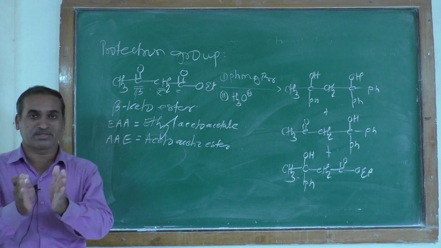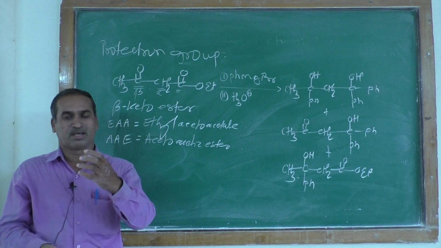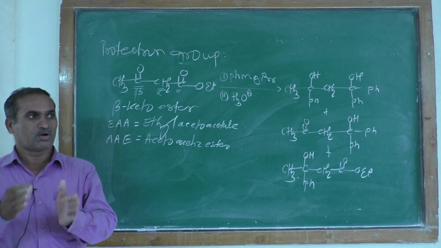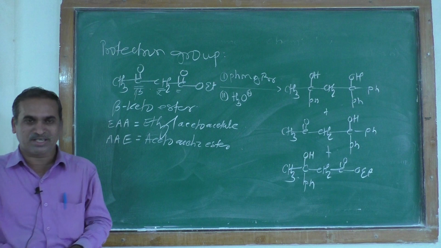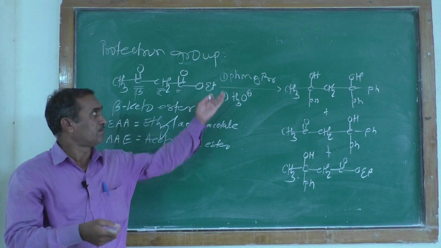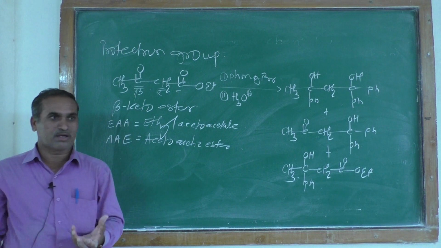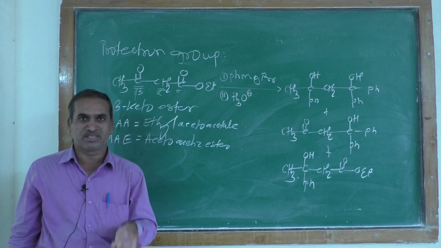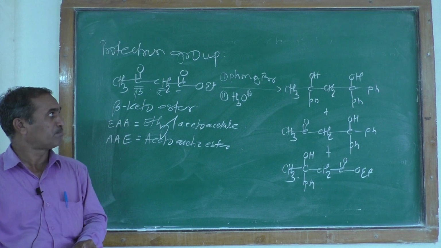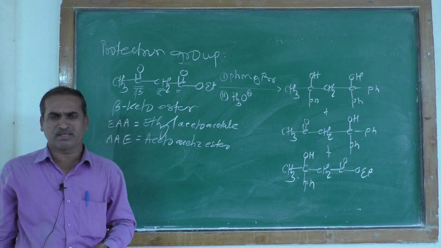How do you prepare the Grignard reagent? In this case PhMgBr: the starting compound is bromobenzene treated with pure magnesium metal in the presence of dry ether.